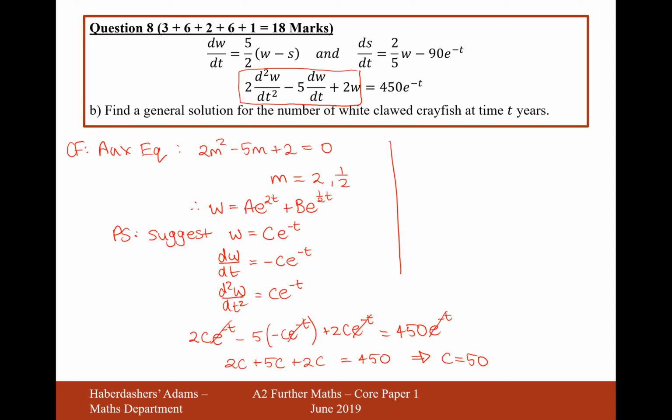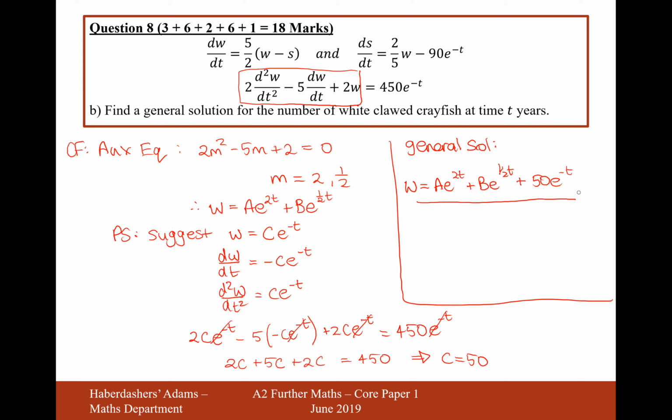So therefore, the general solution to this differential equation is going to be w equals a e to the 2t plus b e to the half t, and then it's going to be plus 50 e to the minus t.